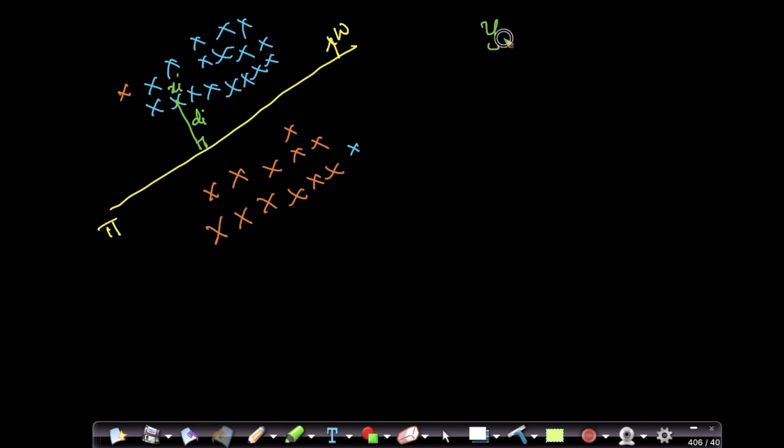Let's assume for all my positive points, I will write yi equals +1, right? For negative points, I will write -1 instead of 0. Remember, this is a very important distinction. Sorry, I wrote +1 there; I should write -1 for negative points.